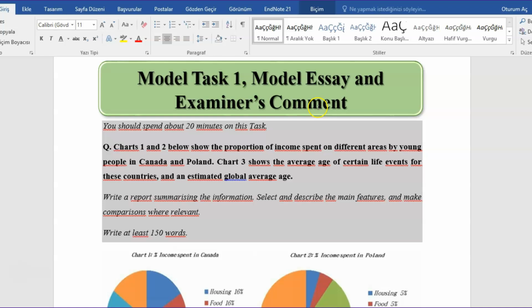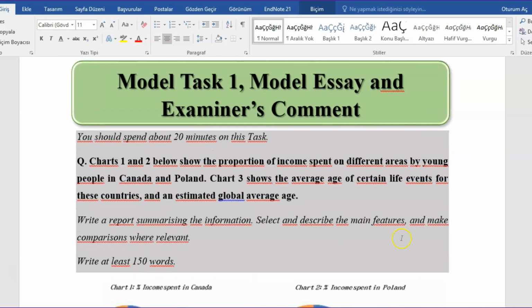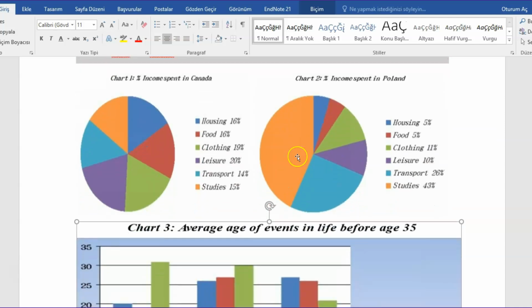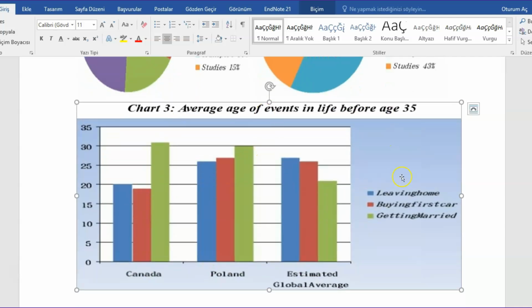Remember that in task 1 question, you should spend about 20 minutes on your question. Here we have a complex and difficult question. We have 3 charts, chart 1, 2, 3.